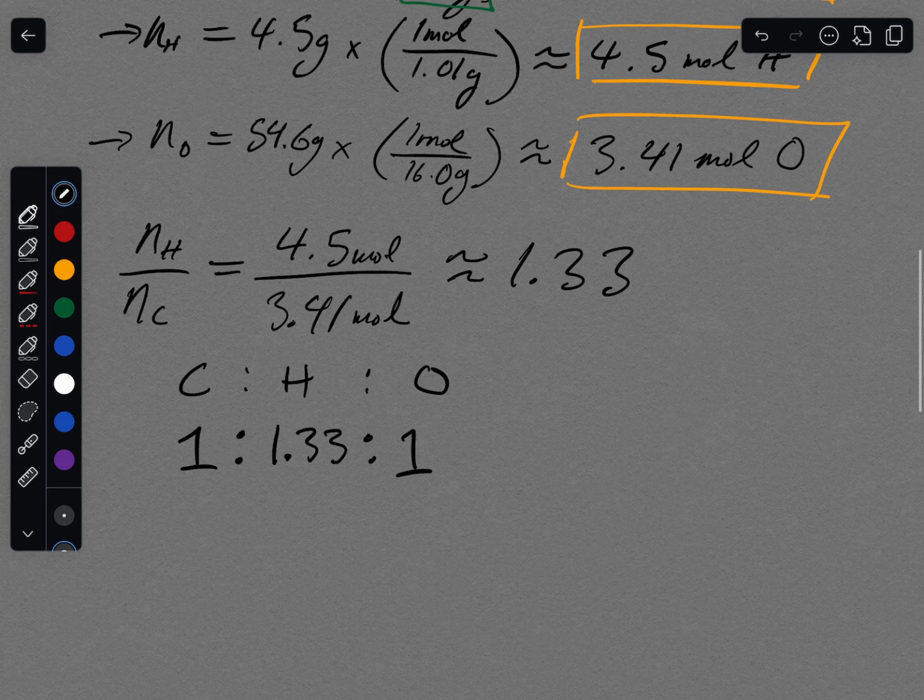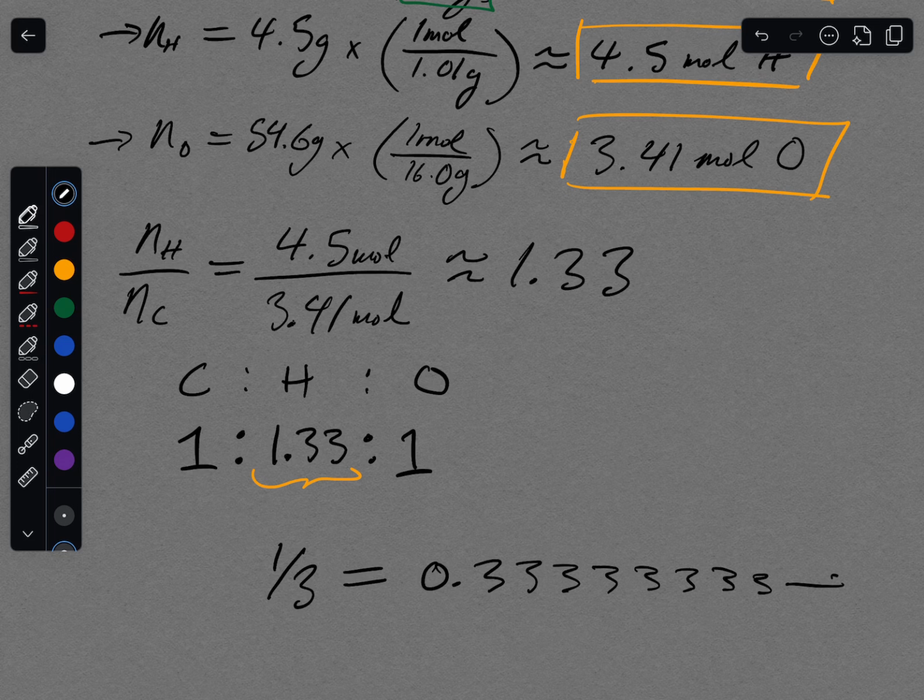We have a number that does not look close enough to 1 or to 2 to be rounded to either. But that 0.33 makes me think of something from math where you may have seen that 1/3 is equal to 0.3333, continuing onwards.